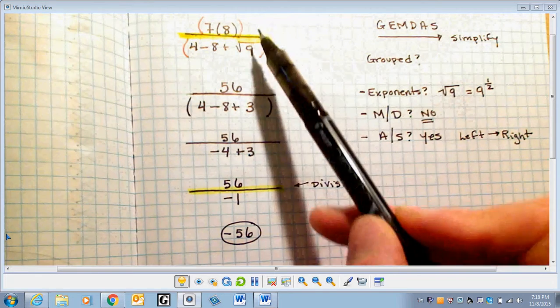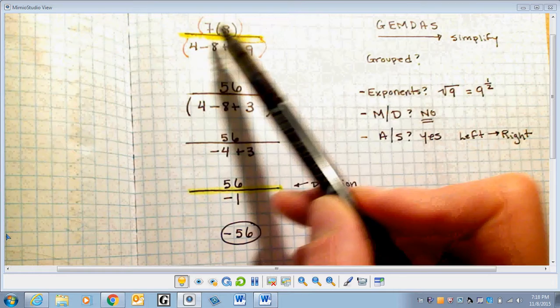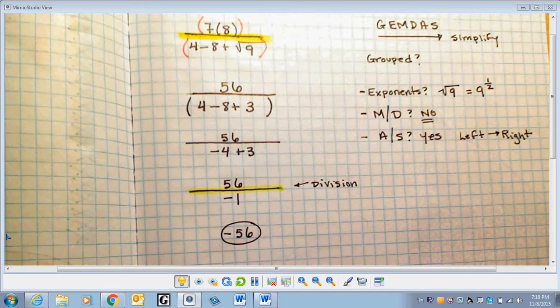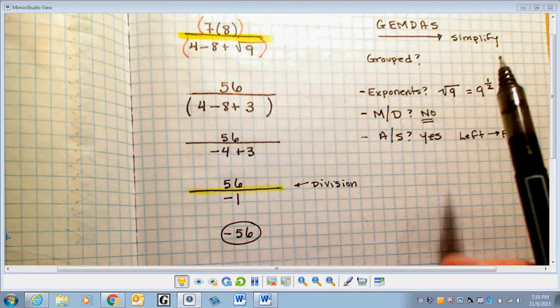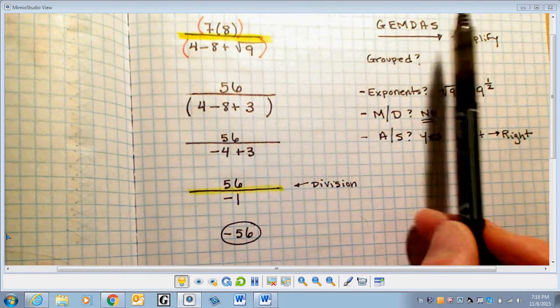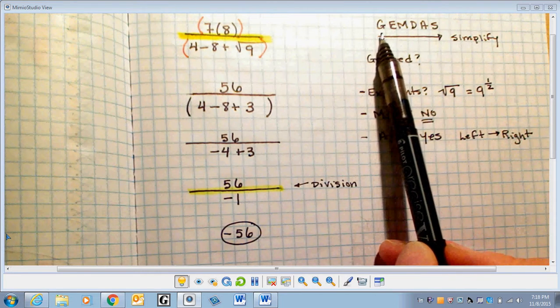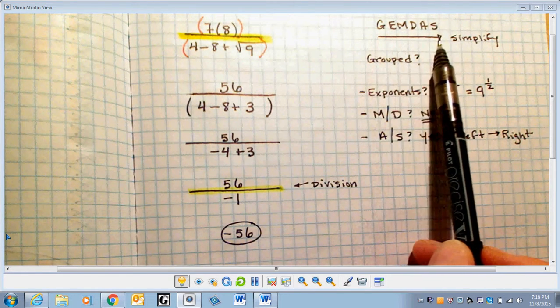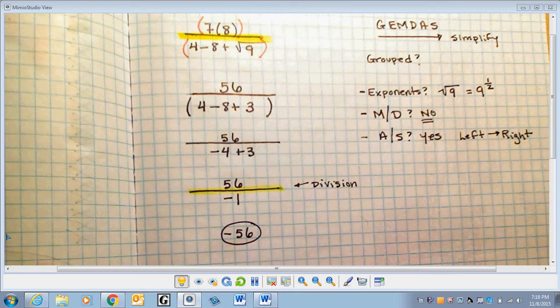This is how you need to be organizing your work in order to be clear in what you're doing. So again, when we are simplifying, we're doing GEMDAS from left to right, very orderly, very systematically. In the next video, I'm going to show you how to use GEMDAS to solve equations.